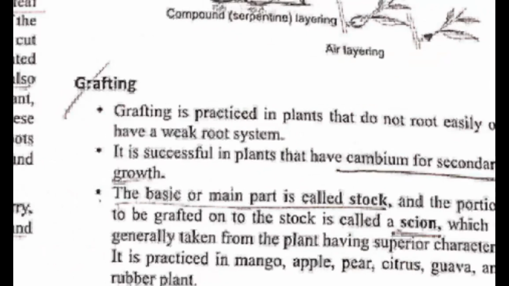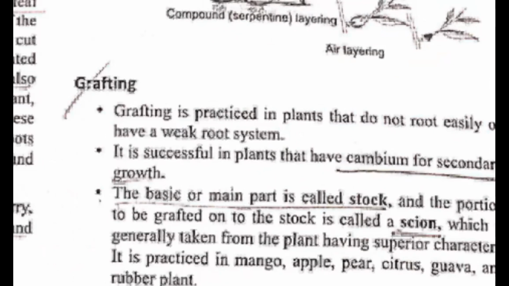Suppose the plant has a weak root system, what happens? It cannot grow. But we need that plant for commercial purposes. So at such a time, the grafting methodology is used.